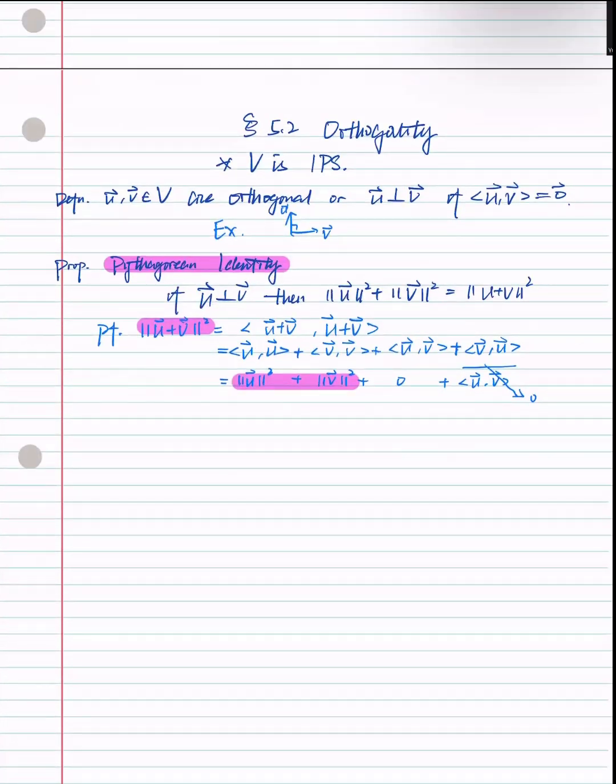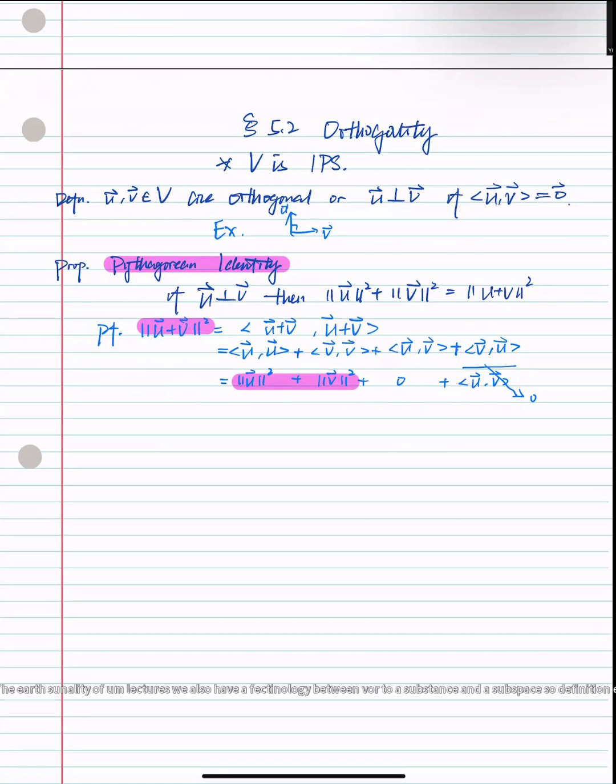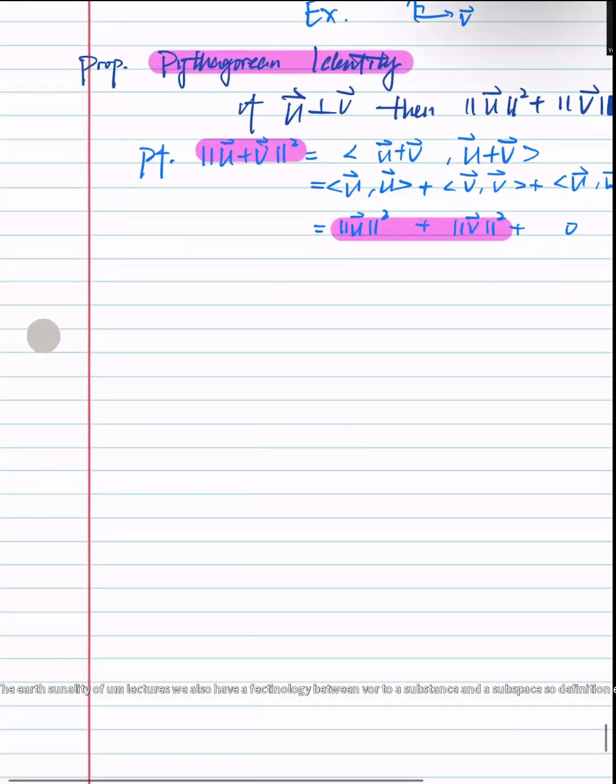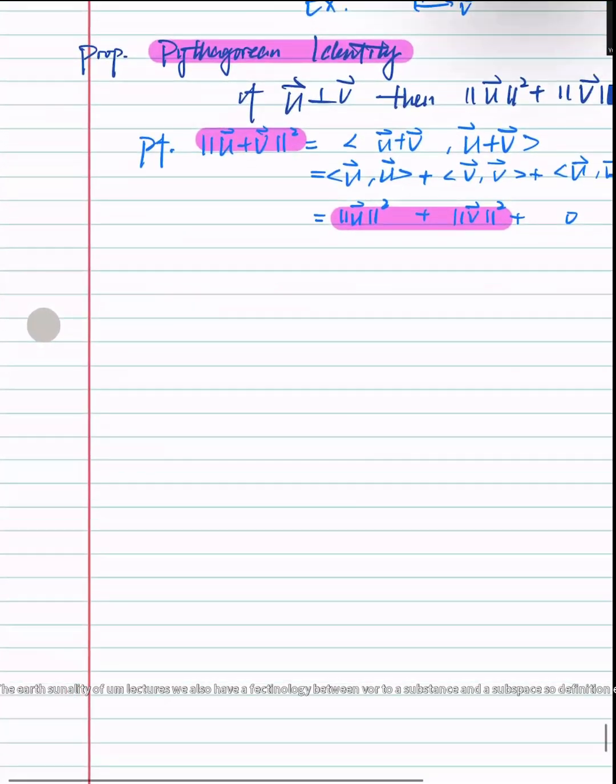Okay, and now after defining the orthogonality of vectors, we also have orthogonality between a vector and a subspace, and between subspaces.